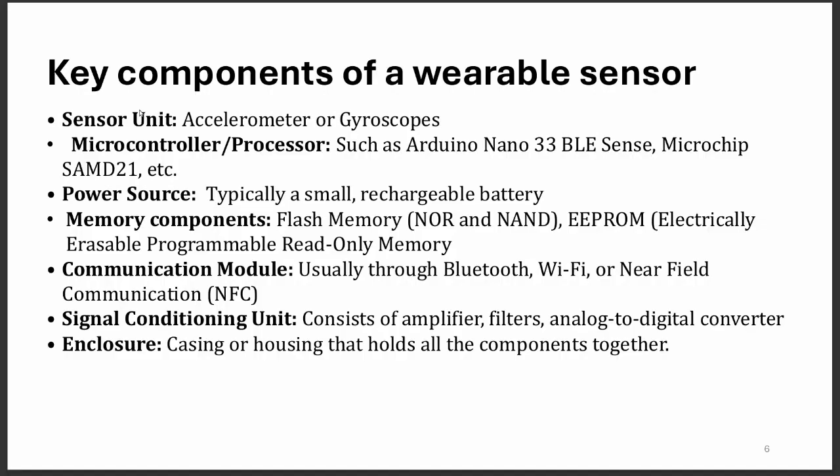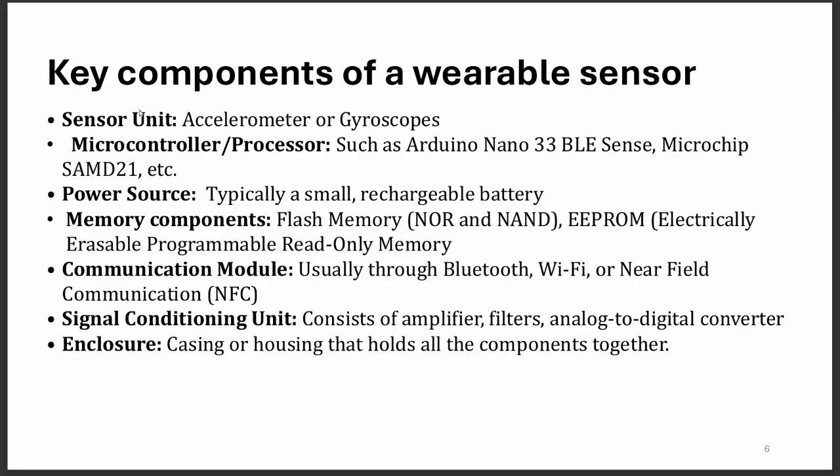Then coming to key components of a wearable sensor. The key components include number one, sensor unit. The sensor unit is the core component of a wearable sensor. It is responsible for detecting physiological signals. The sensor unit is mainly composed of accelerometers or gyroscopes. Then another key component is the microcontroller or processor.